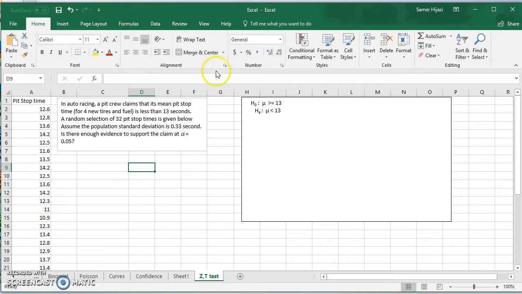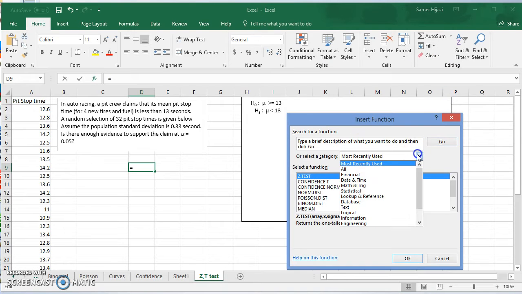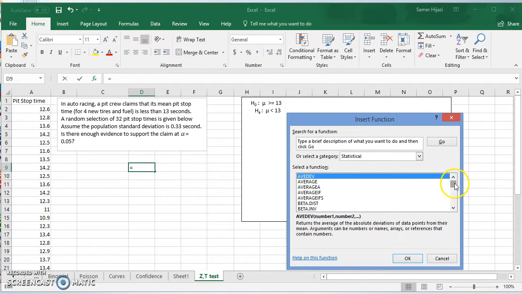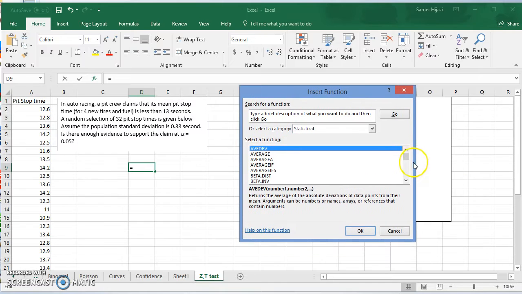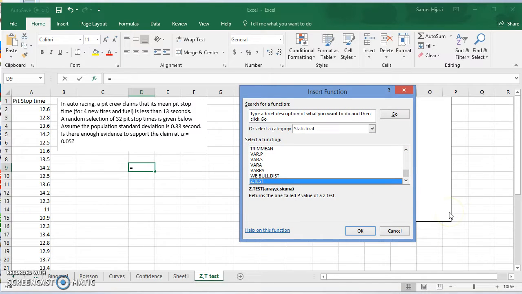Now, Excel has a function that calculates the z-test, but in another video we will use the Data Analysis ToolPak, which gives us more information about the test statistics. If we search for the function, we expect it to be called Z.TEST.